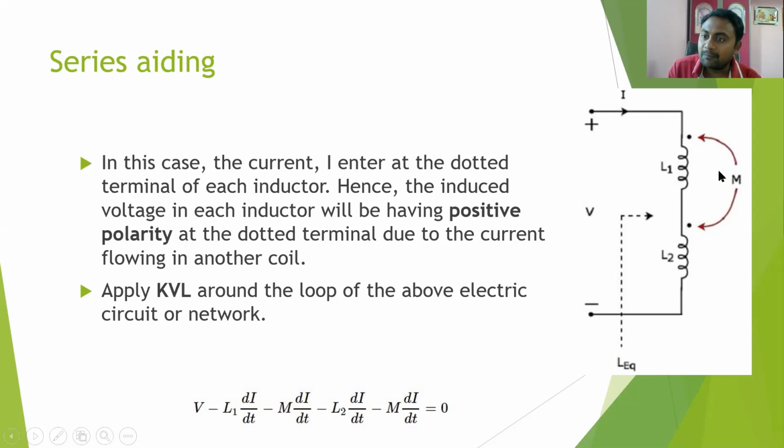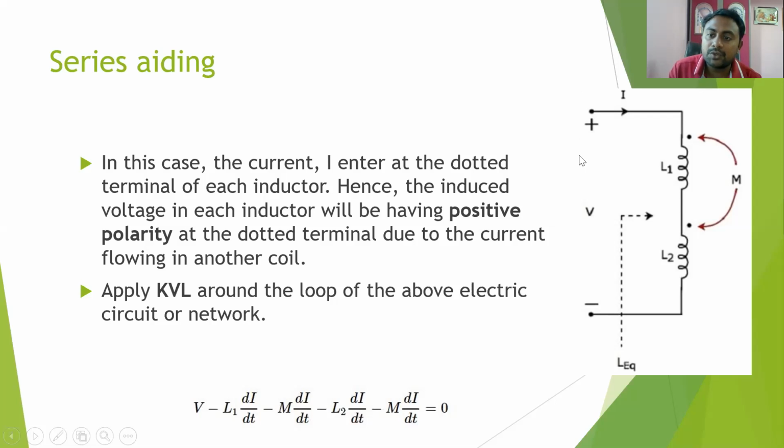We have M12 and M21, and we know M12 and M21 equal M, so I'm using M only. In the first case I wrote M12, now I am writing M21. In both cases, current enters at the dotted terminals, so the mutual term has the same sign as the self-inductance term, which is minus. So I am writing minus M di by dt.